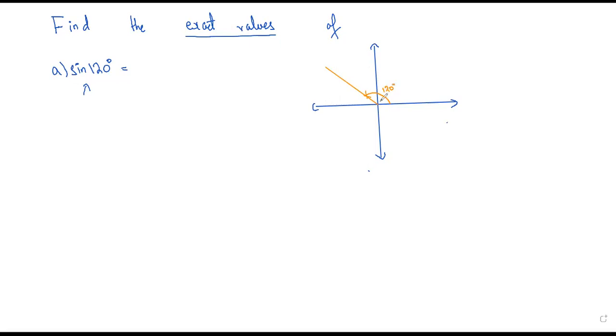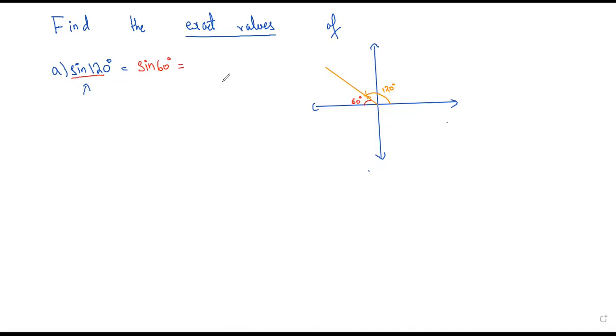Now this is 120 degrees and this is going to be 60. So we should know that sine 120 is equal to sine 60 degrees. You can use a calculator to find the value of sine 60, but I want you to find this as well, and then you will see that you are getting the same values.